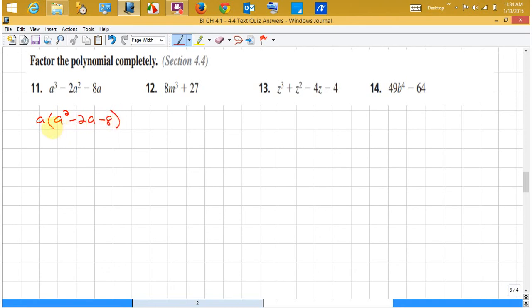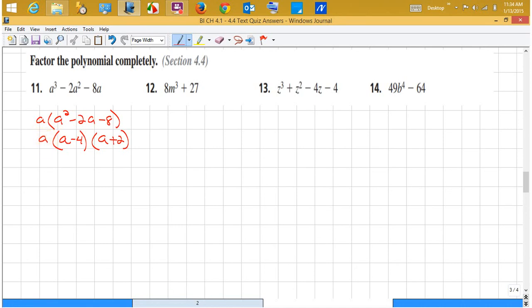So now we still have to factor the squared portion. So I'm looking for two numbers that add to a negative 2 and multiply to a negative 8. Well, that would be negative 4 and 2. So I have a times a minus 4 times a plus 2. And even though I factored an a out, it still has to stay in the problem.